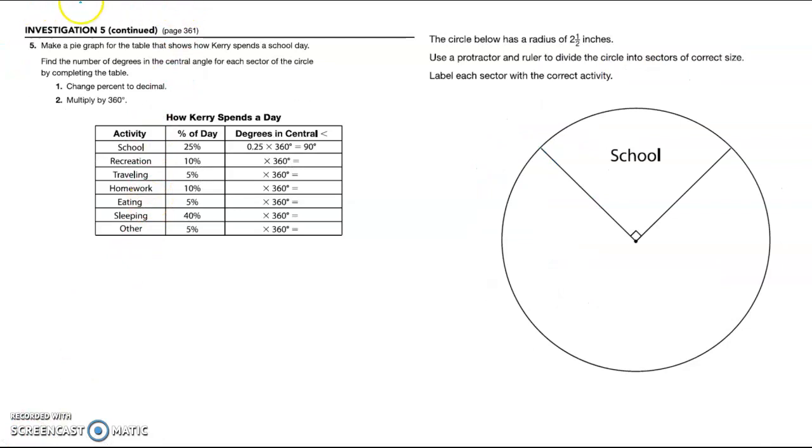Okay, the first thing you're going to need to do on your page is make a pie table that shows how Carrie spends her school day, and then find the number of degrees for each angle. So we're going to do this table first. The first thing you do is all of these need to be made into decimals. So the first thing you do, it's right here, you change the percent to a decimal. How do you do that? You divide by 100. Okay, so I'll do the first couple. So 10 divided by 100 gives me 0.10.